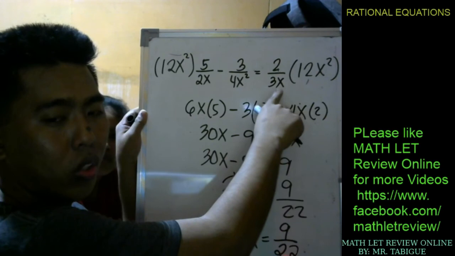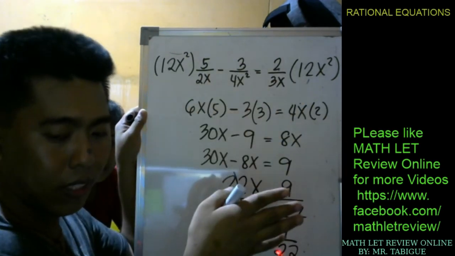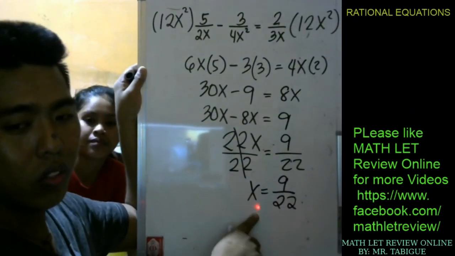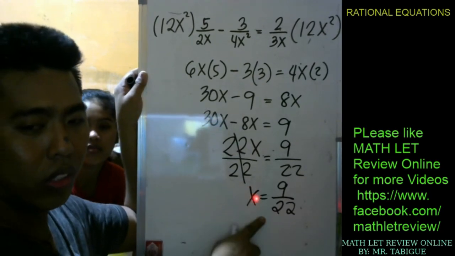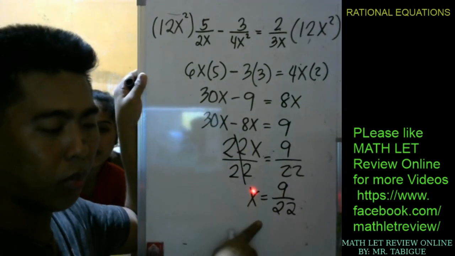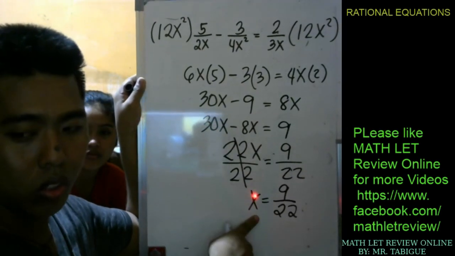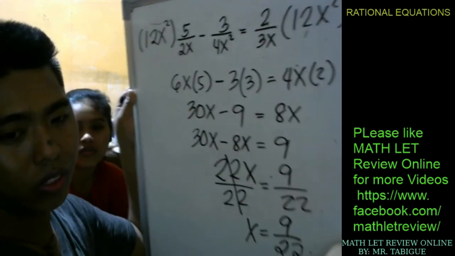So 3 times 0 is 0. If 0, in that case, it is not part in the solution set. But then, x here is not 0, it's 9 over 22. So therefore, this is acceptable. If this is 0, then it is not acceptable. It is not part in the solution set. Pero karon dili man 0, so this is part in the solution set. And this is acceptable. Okay? So that is the first example.